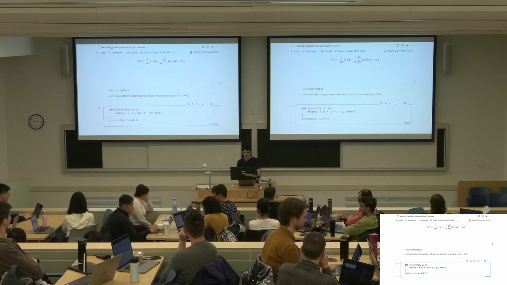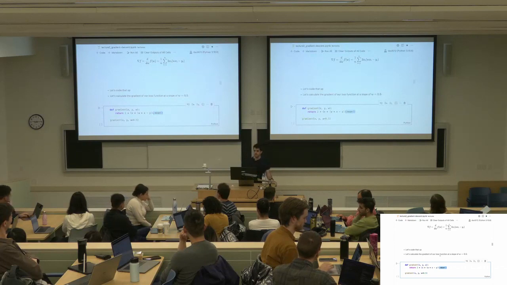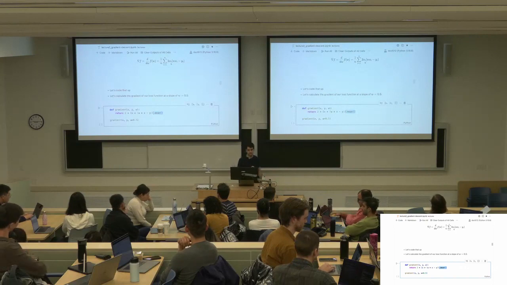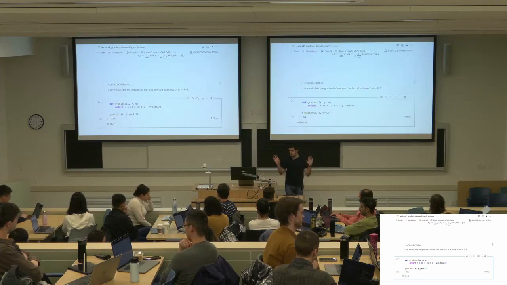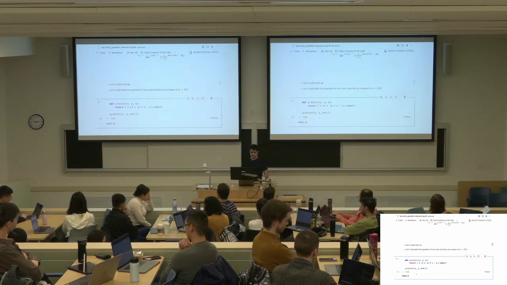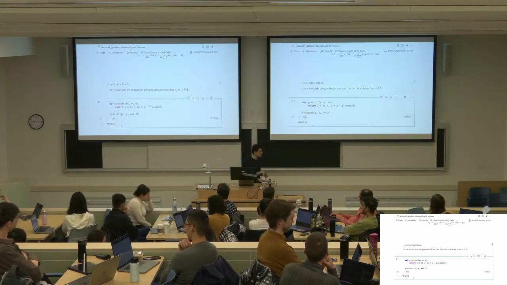Note that this dot means I'm computing this value for each data point, and then averaging that over the entire data set. So here, with a parameter value of 0.5, which is just an arbitrary value, the gradient is this value. What is the meaning of this?